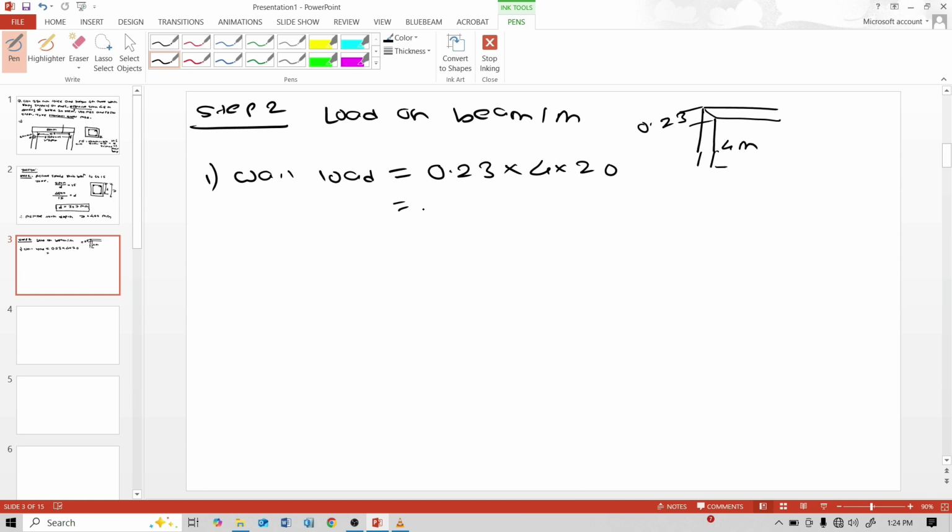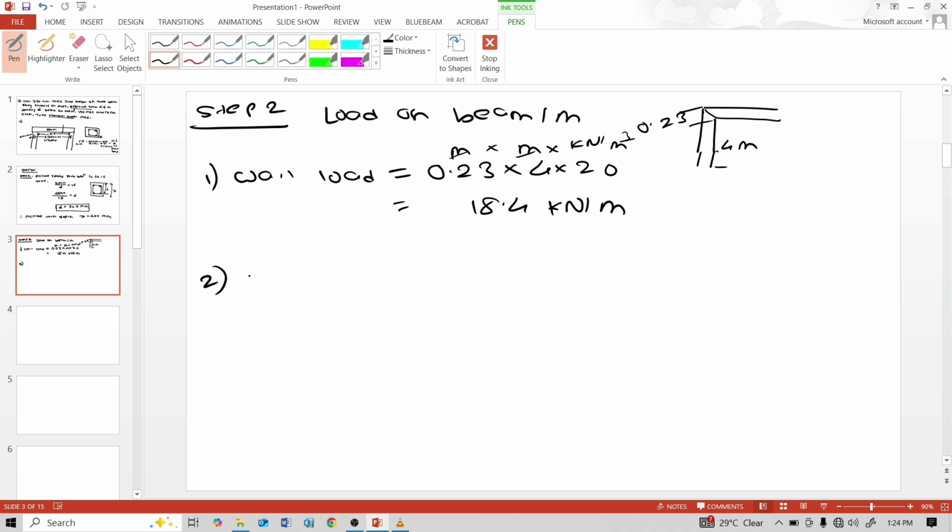Value comes 18.4 kilonewton per meter. Meter square cancel, kilonewton per meter value comes.